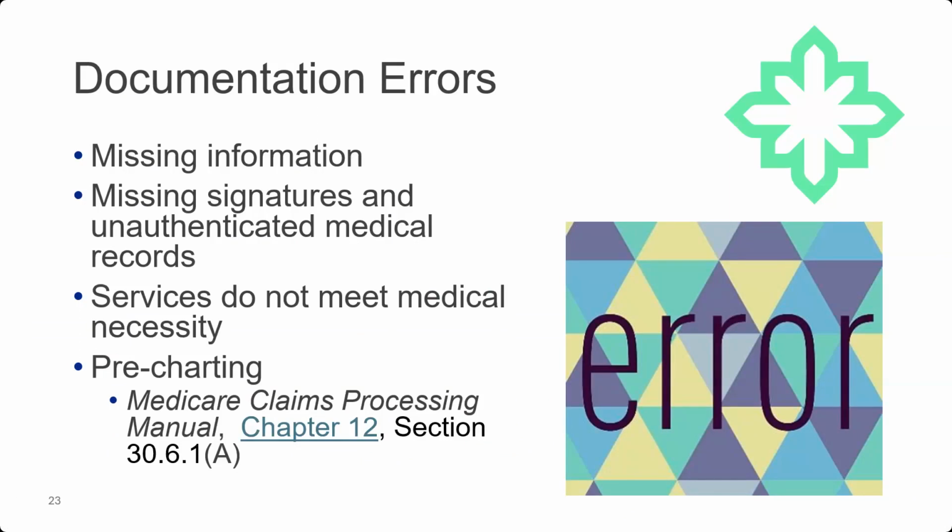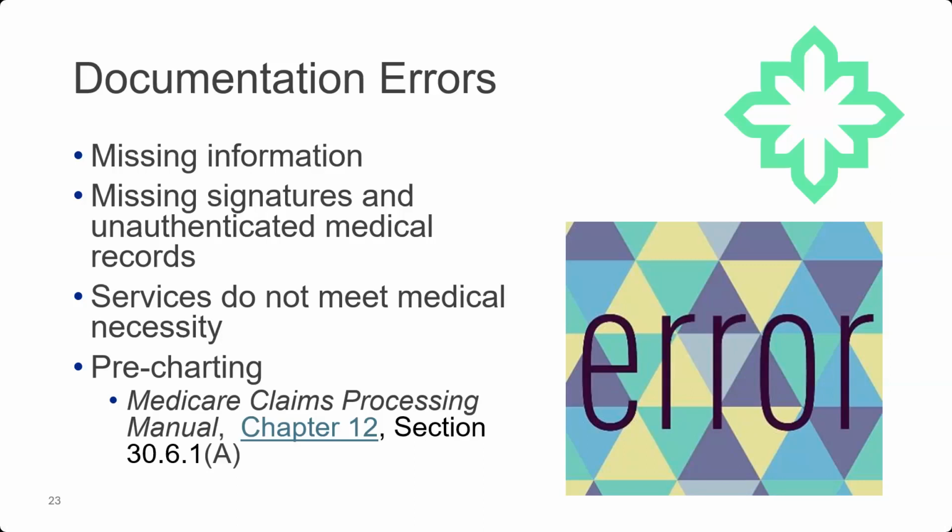There are several common errors we continue to observe in submitted documentation. The first common documentation error is missing information, including, but not limited to, missing dates and documentation lacking sufficient details. Next is missing signatures or unauthenticated medical records.